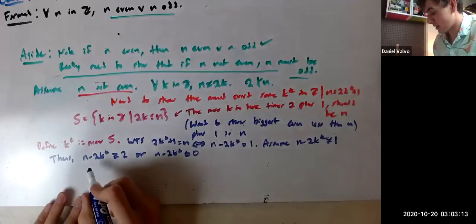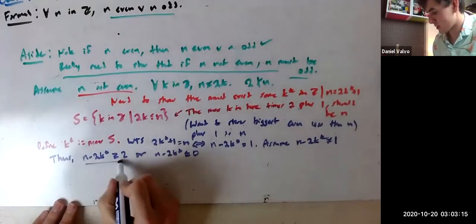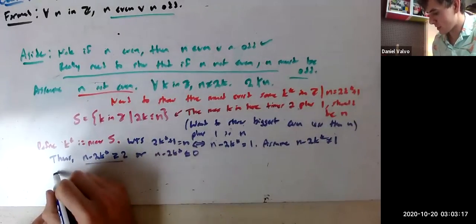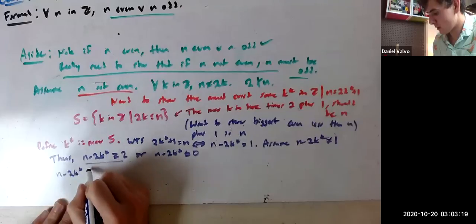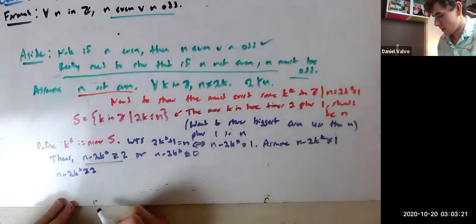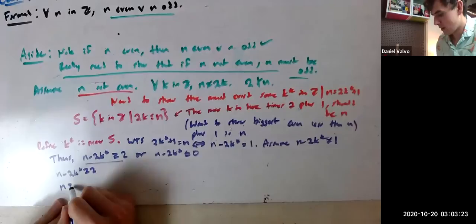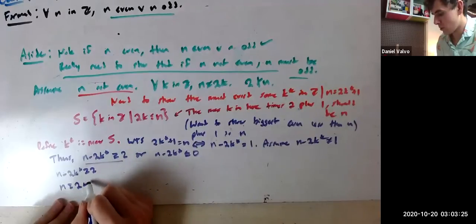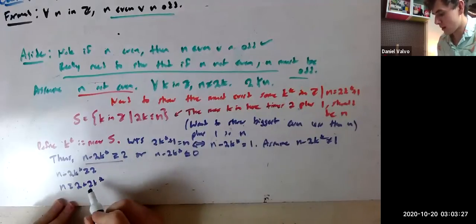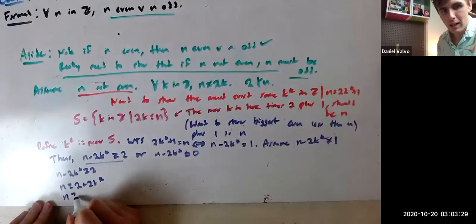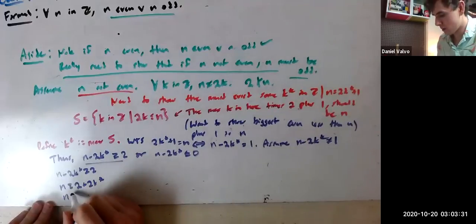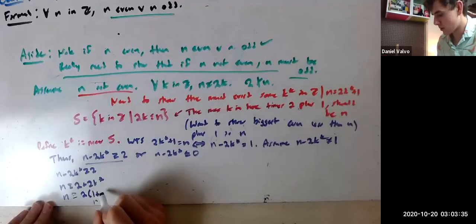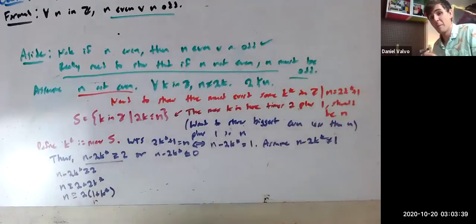So here's the idea. Let's look at this first. If this is true, that would mean that n is greater than or equal to 2 plus 2k star, right? Which means that n is greater than or equal to 2 times 1 plus k star.